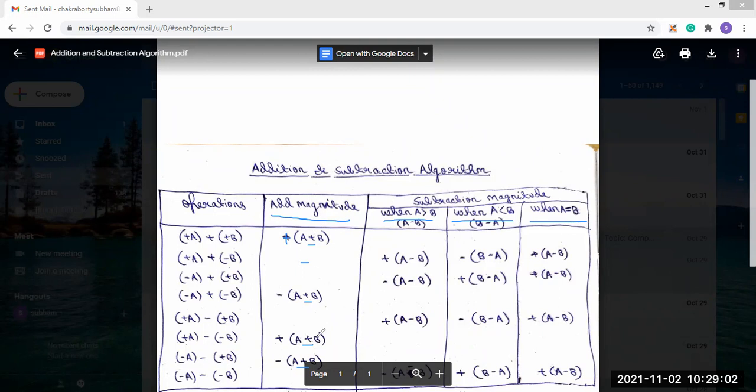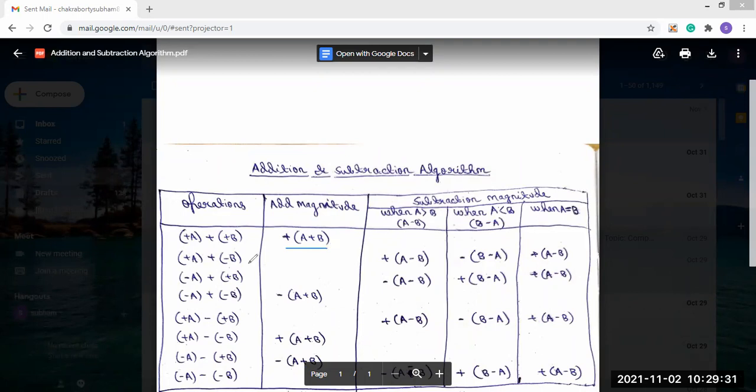So we only use the plus in between them. We only choose those which have a plus in the middle. If we consider plus A plus B, and take the plus common, it will be plus A plus B, no problem.